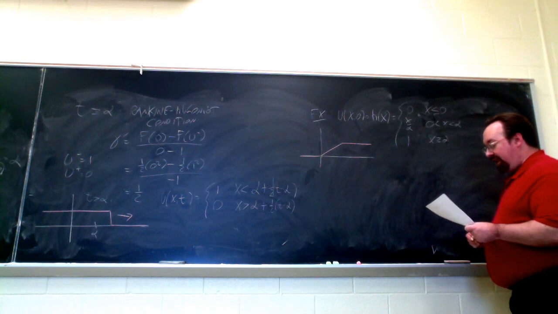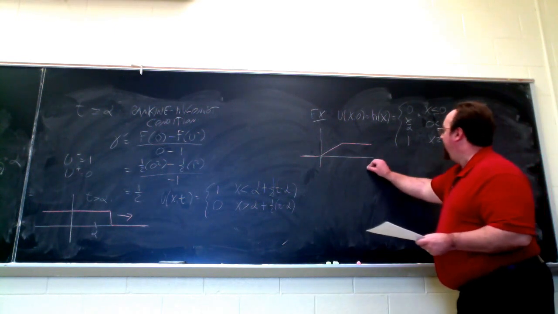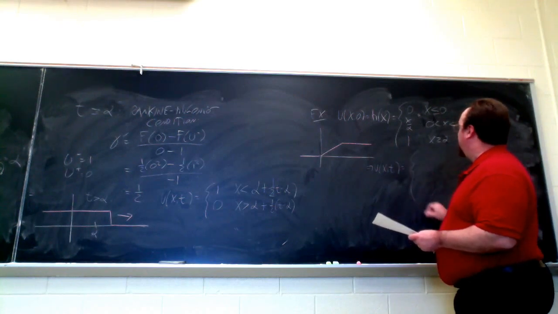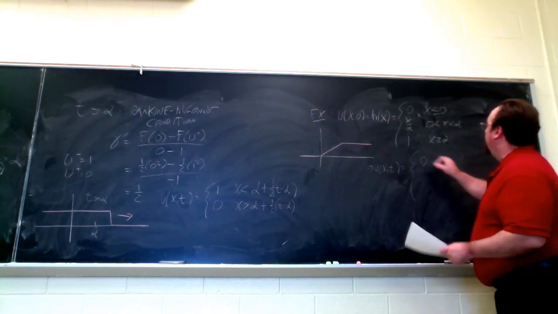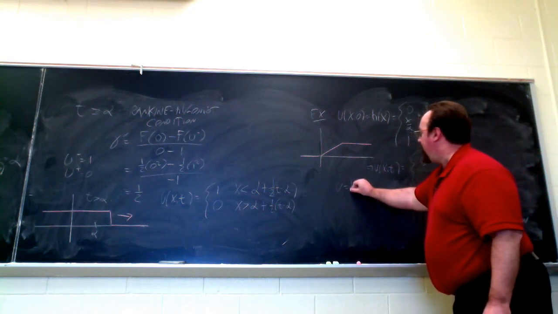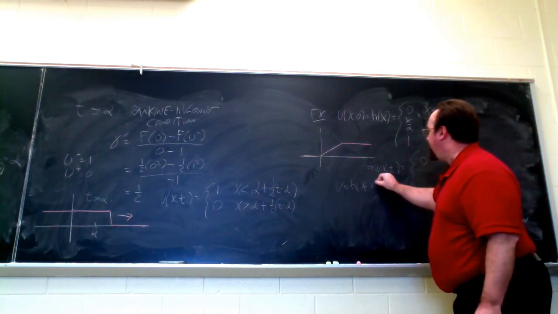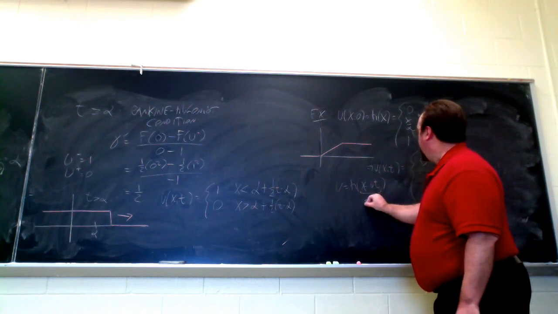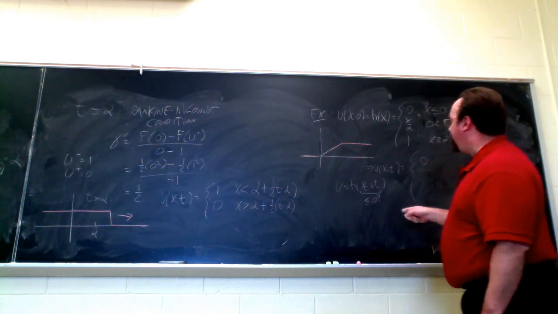So what happens is the solution, okay, because it's the same situation, h of x minus ut. So you check, when is this less than or equal to 0?